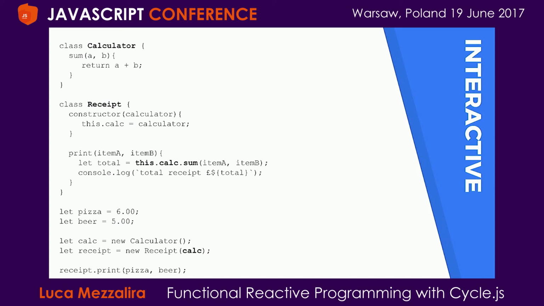So what we have here is that at this level, we are injecting the object we created here, the calculator, inside the receipt. And inside the receipt, what we're doing is interacting with that. As you can see here, we have this.calc.sum. So I know how to use this specific object. I know that there is a method available that is called sum.